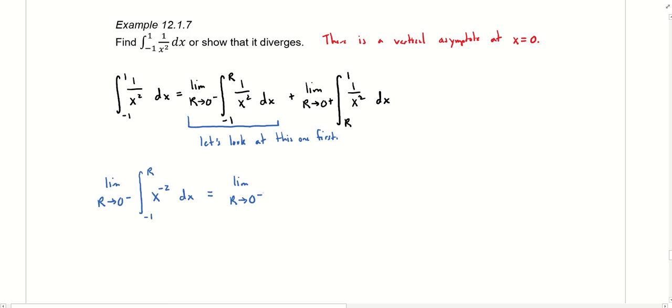Okay, now again, you can use that cheat sheet if you want to for this. This is of the form x to the n, where n is -2. Again, for time's sake, for this video not to be too long, I'm just going to write down what this integral evaluates to. In other words, the function that gives us x to the -2 as a derivative is -x to the -1, and we're evaluating this from -1 to r.